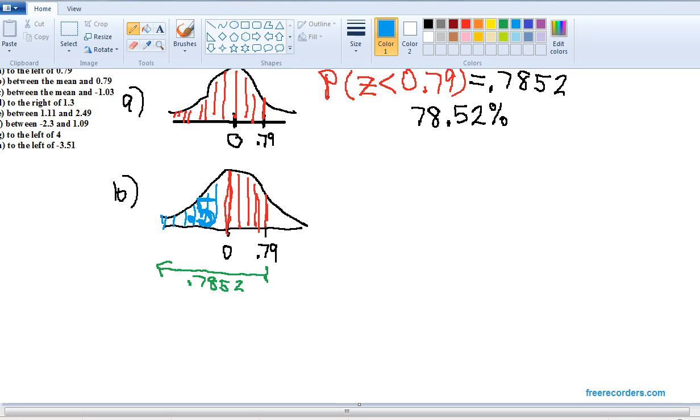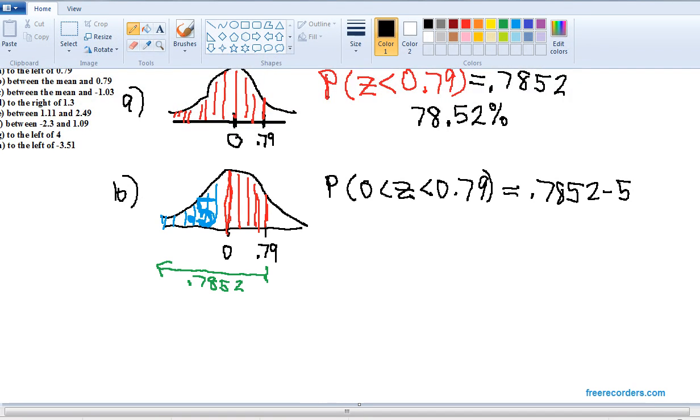So if the green area is 0.7852 and the blue area is 0.5, what do we do to get the red area that we are being asked to find? Exactly, we subtract. So it's going to be the big number minus the small number, which gives us 0.2852, but again, that would be the probability.